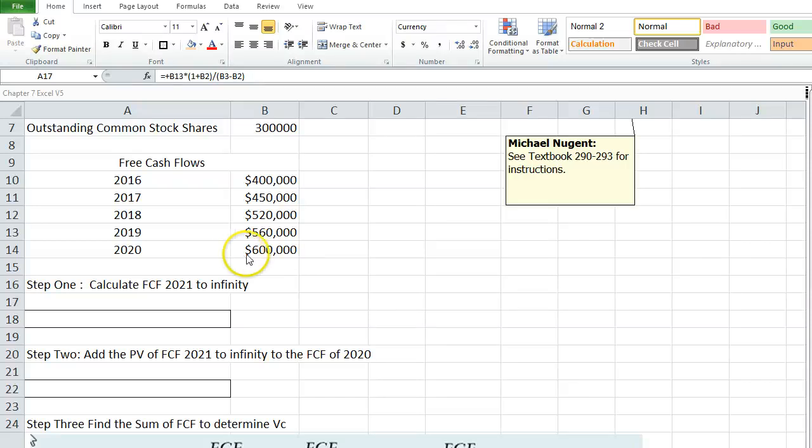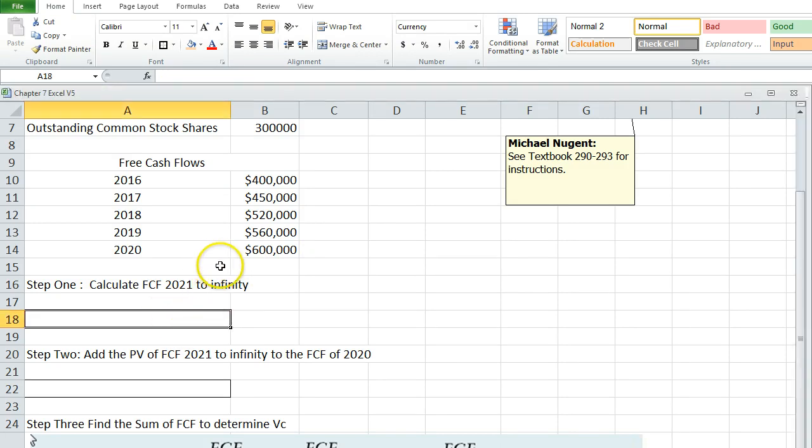Actually, it's B14. So I'm going to start with the future cash flow from 2021. That's what we're trying to calculate. We have the cash flow from 2020, but we want to calculate 2021. So we're going to start with 2020.